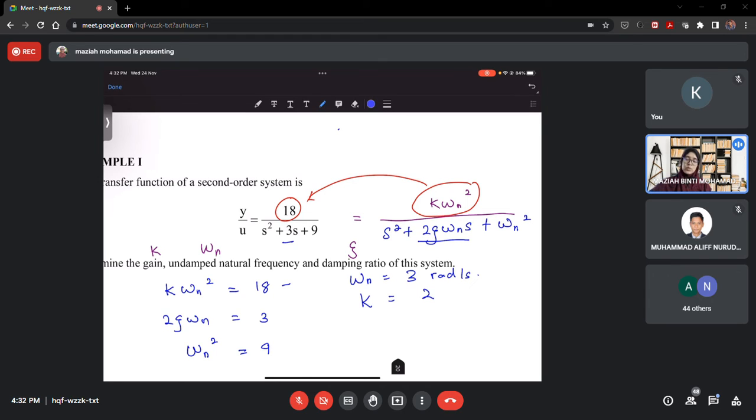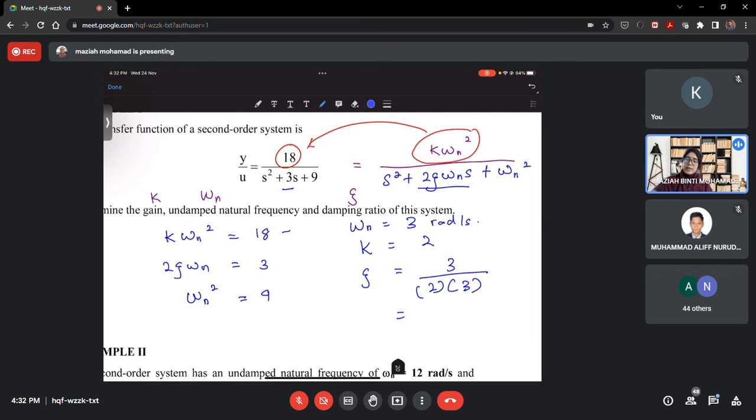And the last one, zeta is equal to 3 divided by 2 divided by 3, which gives us 0.5. K has no unit, and zeta is a ratio, so there is also no unit for zeta. Only omega n will have the unit radian per second.